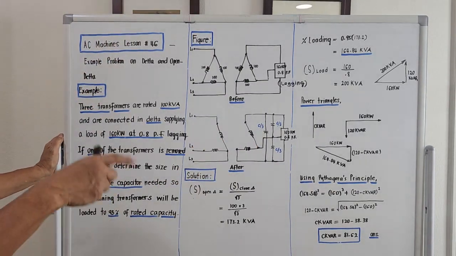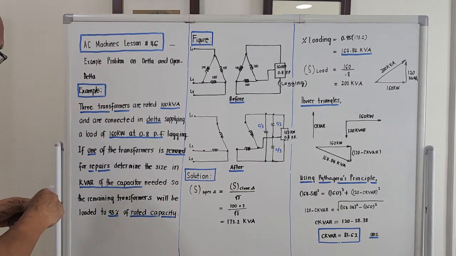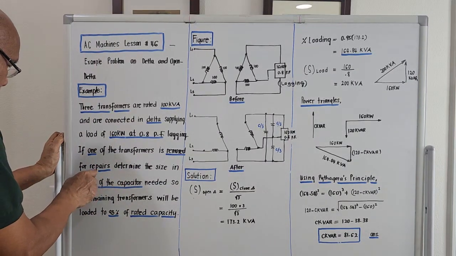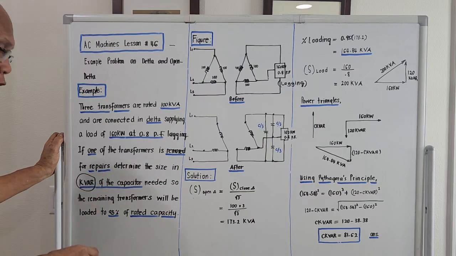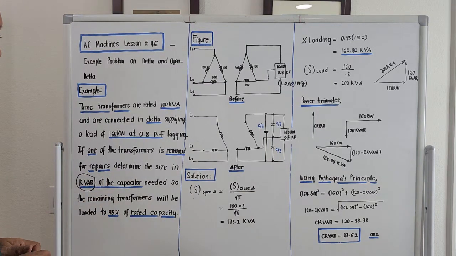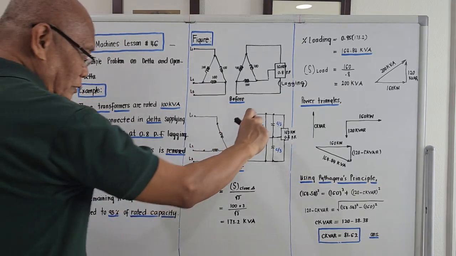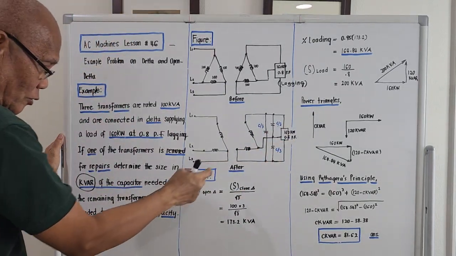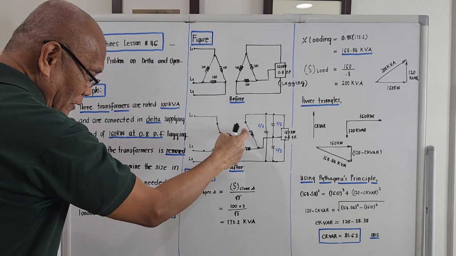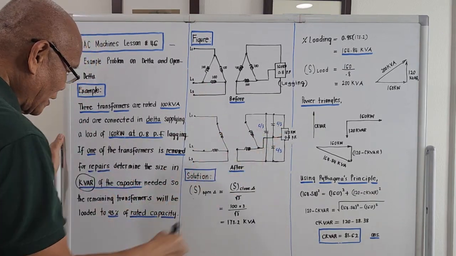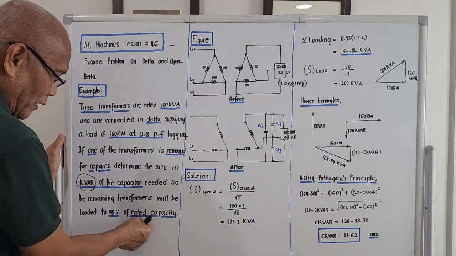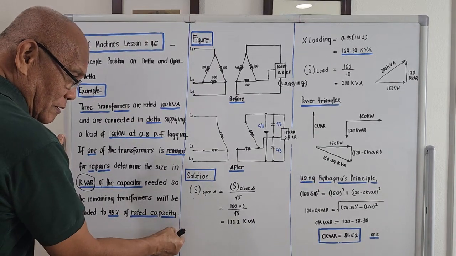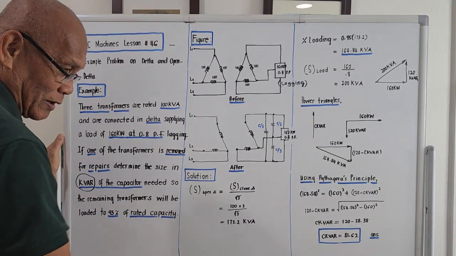The problem is asking for the kvar of the capacitor, which must be connected on the secondary. The remaining open delta transformers will just carry 95% of rated capacity, so they will not be overloaded.